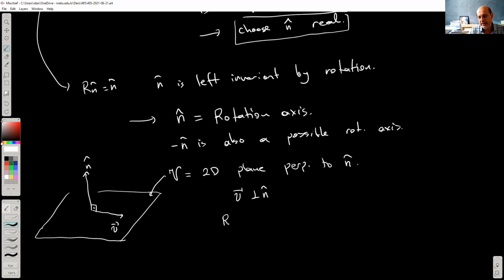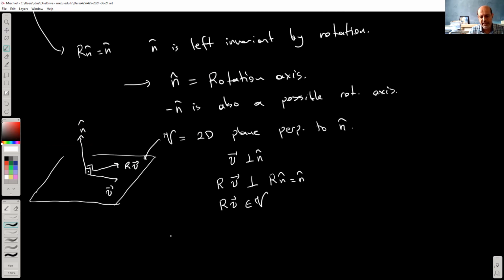I know that orthogonal transformations do not change the angle. Therefore v rotated by R is still perpendicular to n rotated by R, but n doesn't change under rotation. So that means Rv is still within that plane.